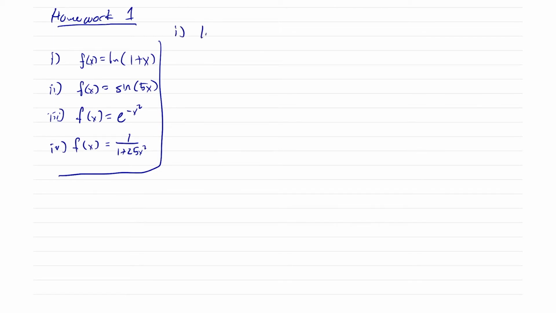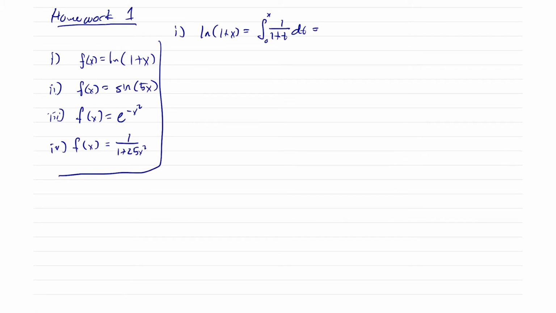For instance, ln(1 + x), we know is actually equal to the integral from 0 to x of 1/(1 + t) dt. Right? Just basic fundamental theorem of calculus. And that inside one can be expanded as a geometric series.